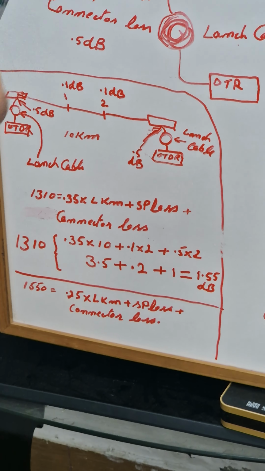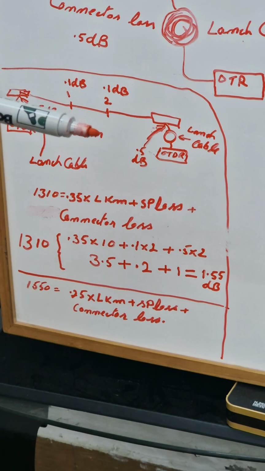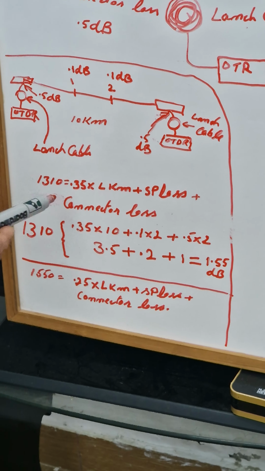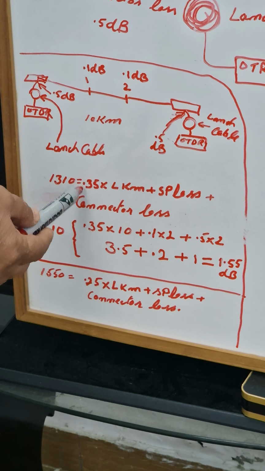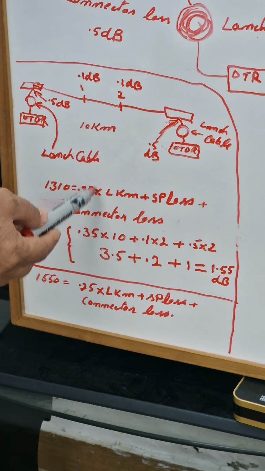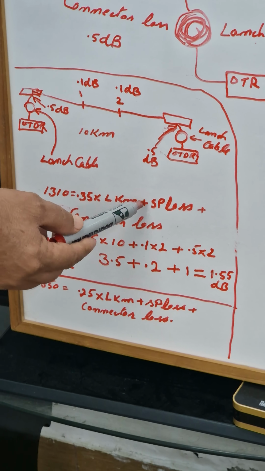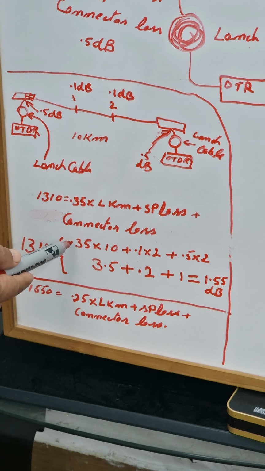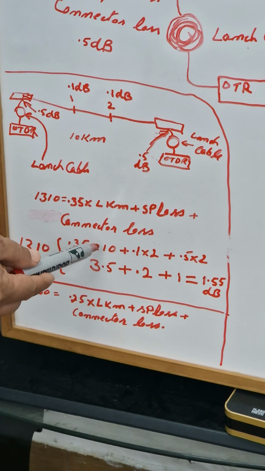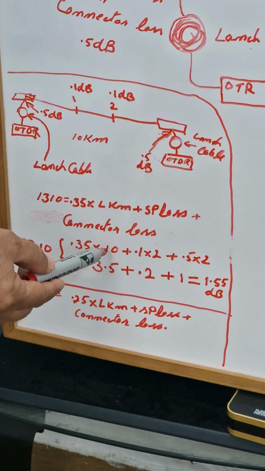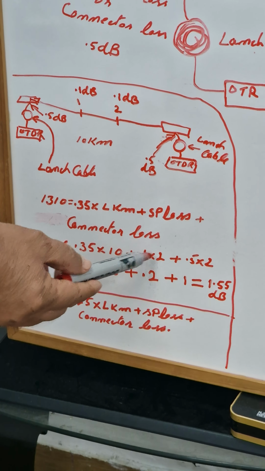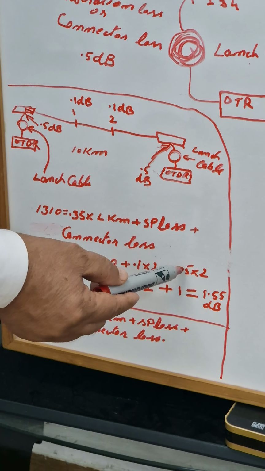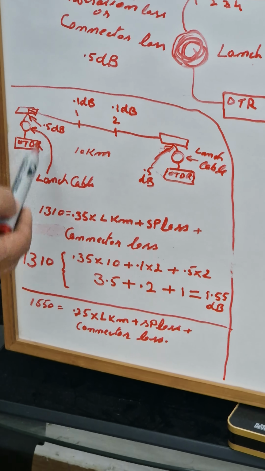So the formula: there are 2 wavelengths, 1310 and 1550. In 1310, the formula is 0.35 multiplied by length in kilometers plus splice loss plus connector loss. So I calculated here 0.35 multiplied by 10 because it is 10 kilometers, plus 0.1 into 2 because we have 2 splices, plus 0.5 into 2 because we have 2 connectors.